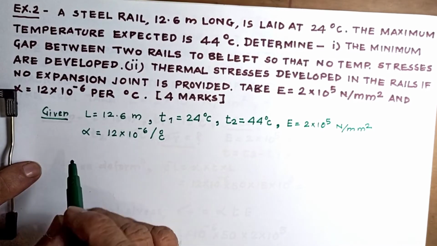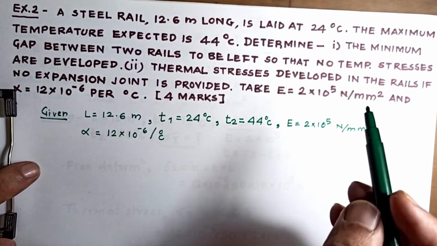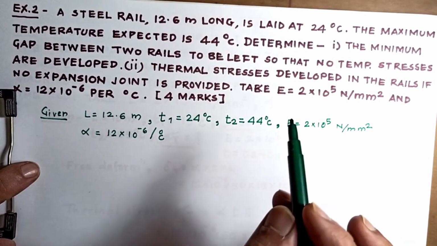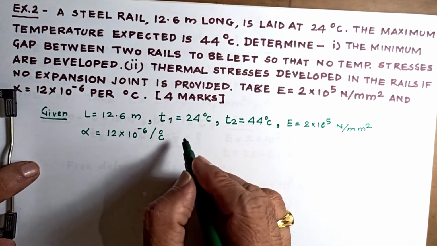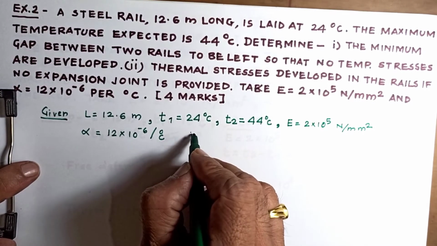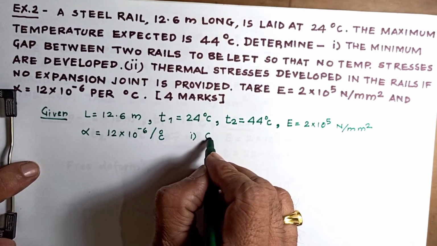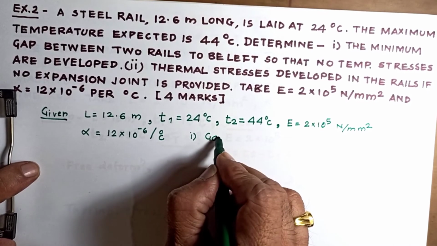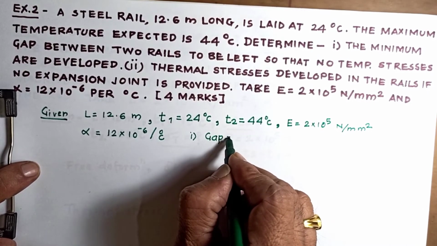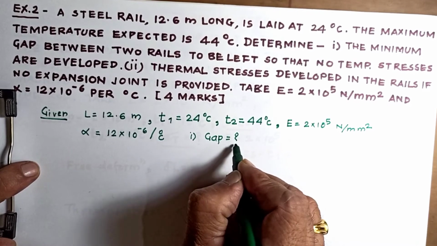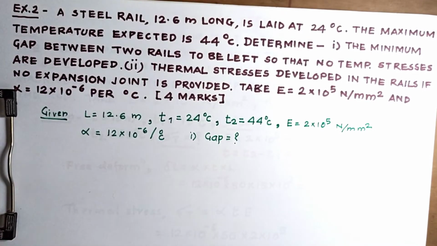What we want to find out? Gap. What should be the minimum gap to be left? So first thing we have to find out is gap. What gap should be kept in the rails so that those temperature stresses will not be developed.